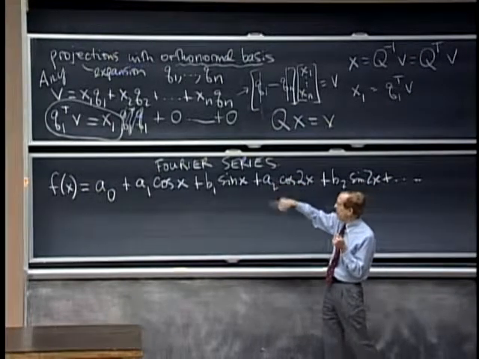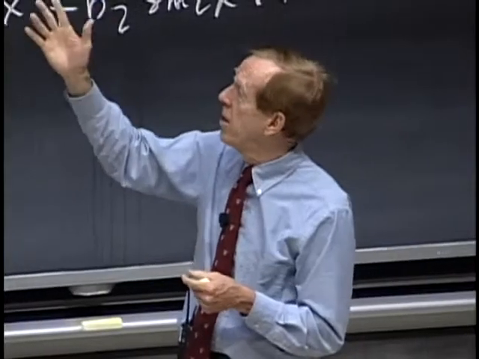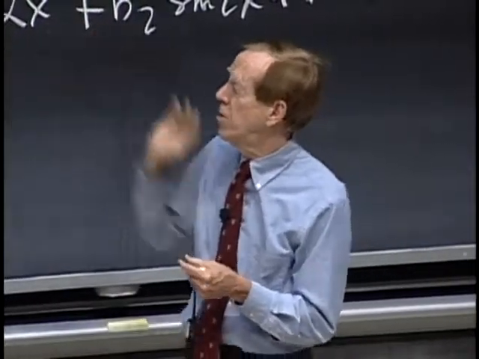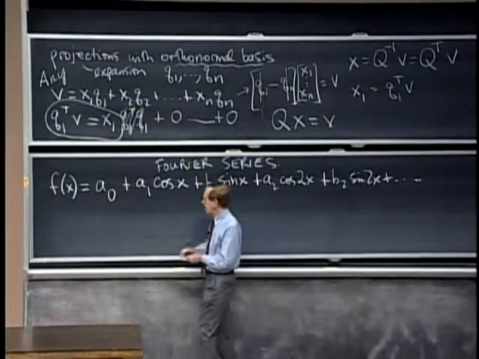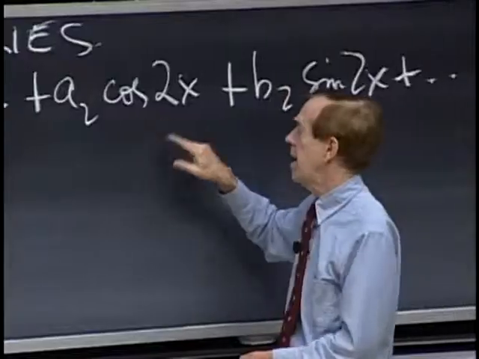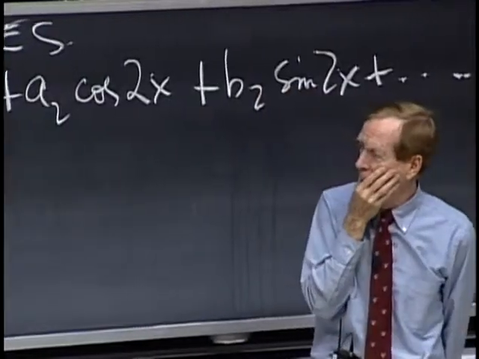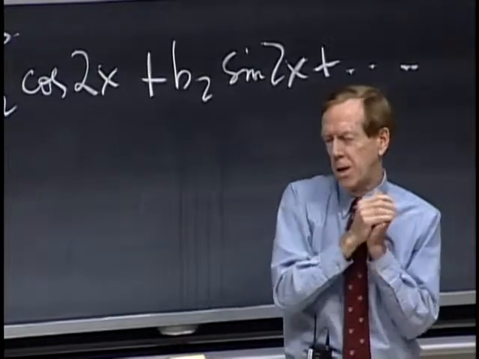Instead of a vector v, I could have a function f of x. Instead of orthogonal vectors, q1, q2, q3, I could have orthogonal functions, the constant, the cosine x, the sine x, the cos 2x, but infinitely many of them. I need infinitely many because my space is infinite dimensional.